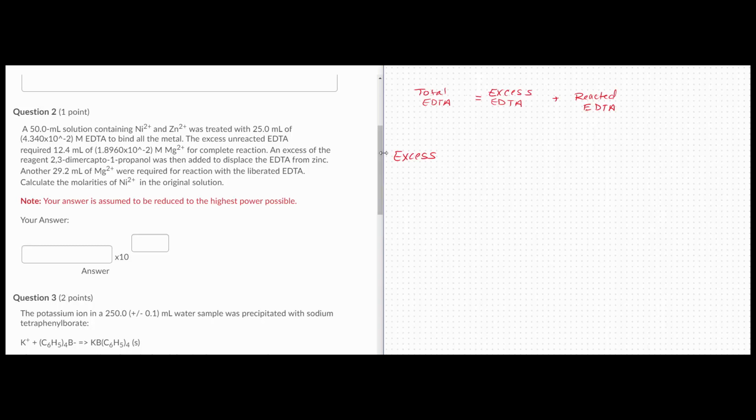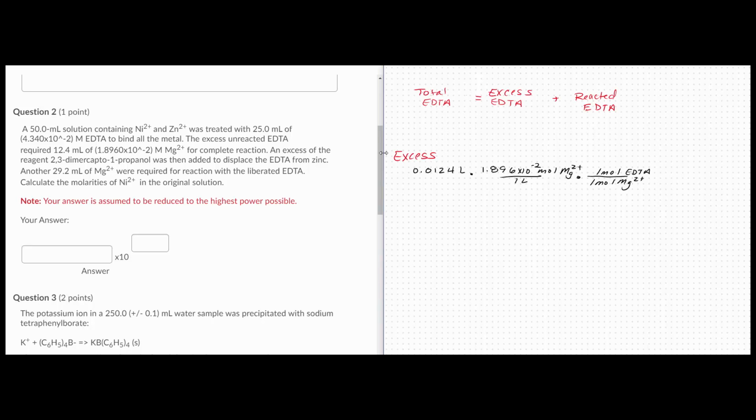The excess unreacted EDTA required 12.4 milliliters of magnesium with this concentration. So we know that EDTA reacts 1 to 1, so 1 mole of magnesium reacts with 1 mole of EDTA.